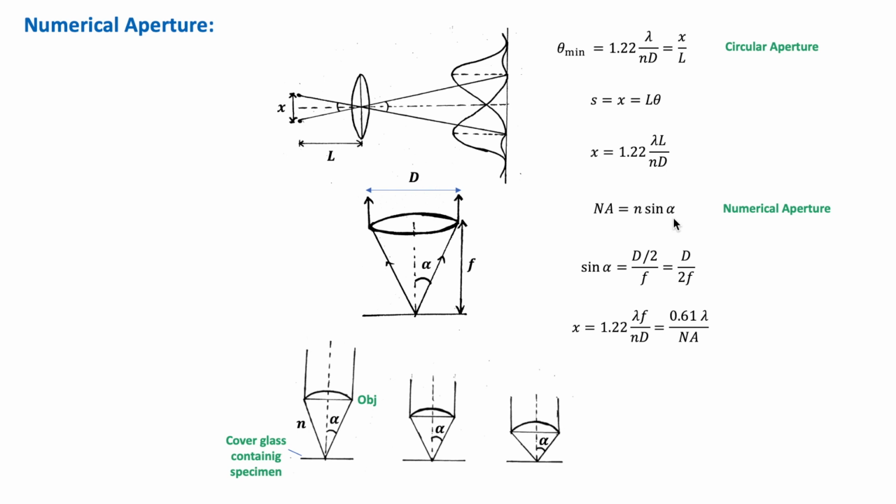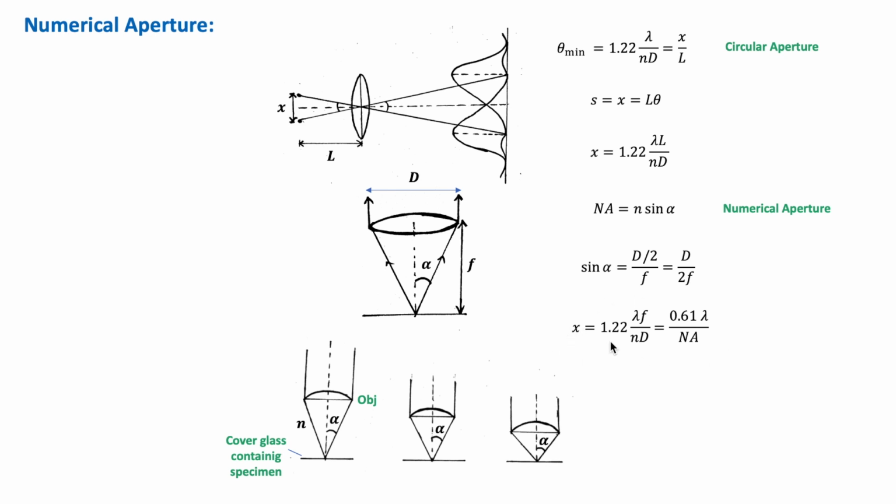Alpha must be greater than the angle at which the first diffraction order appears, which is this angle, for the lens to be able to resolve an image. So sine alpha is equal to D over 2 over F. We substitute this here, because in this case L is equal to F, and we get this expression.